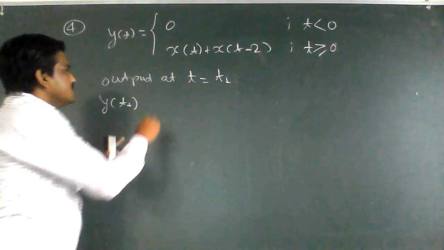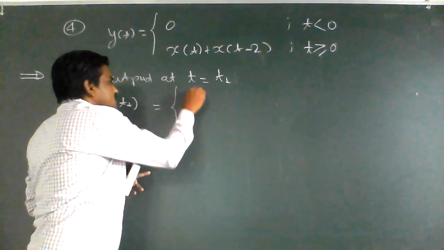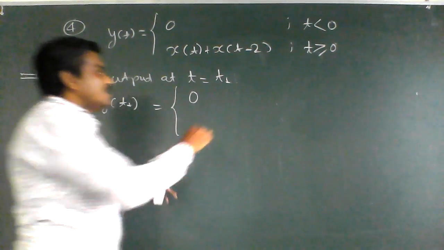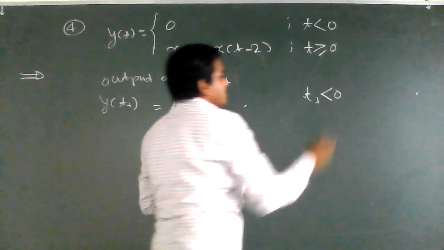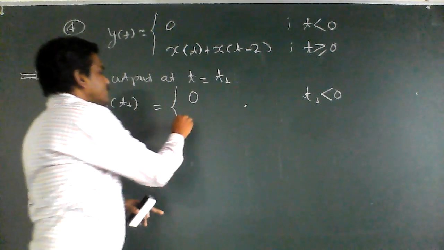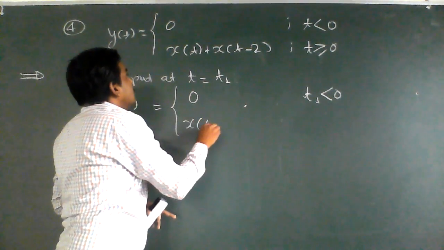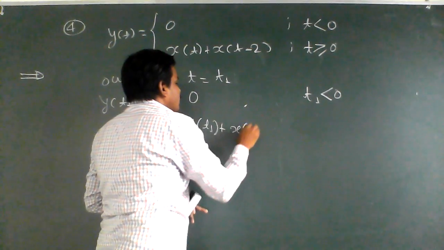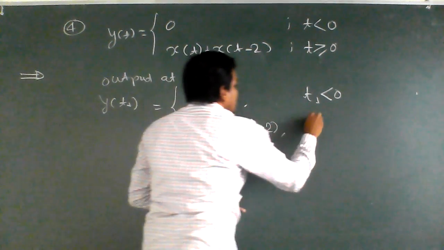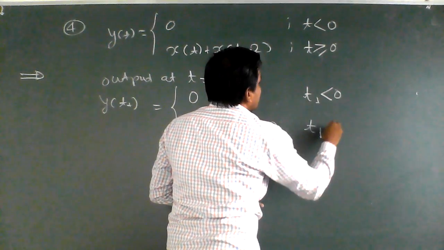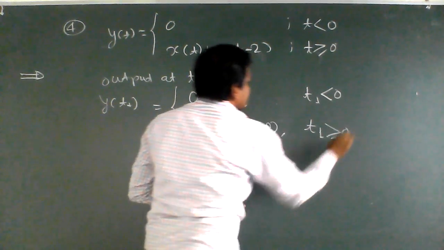Y of t1 is equal to 0 for t1 less than 0, and it is equal to x of t1 plus x of t1 minus 2 for t1 greater than or equal to 0.